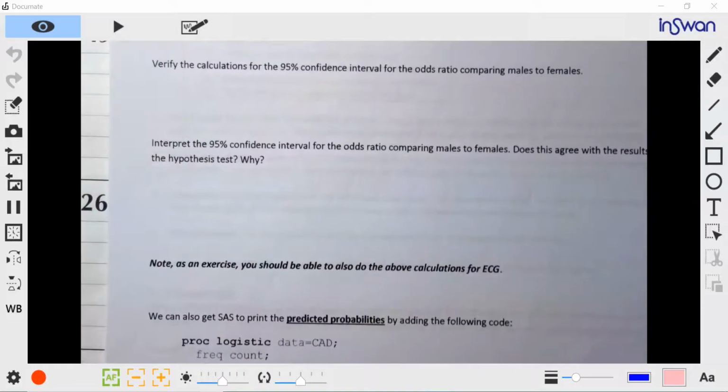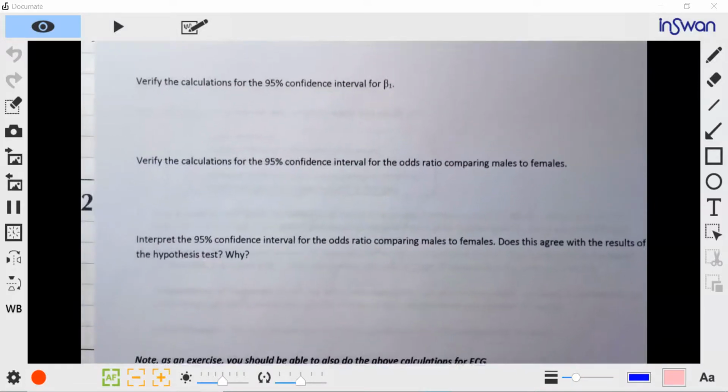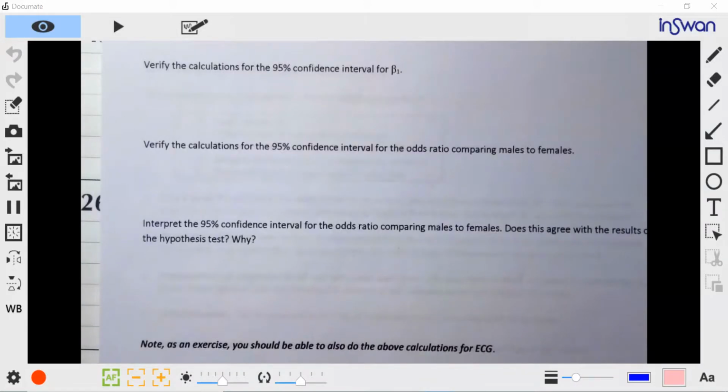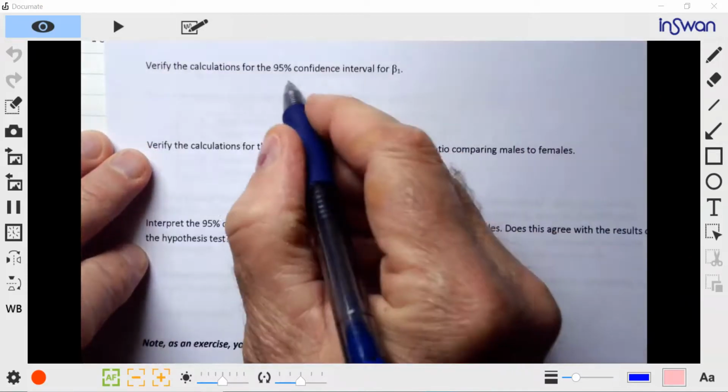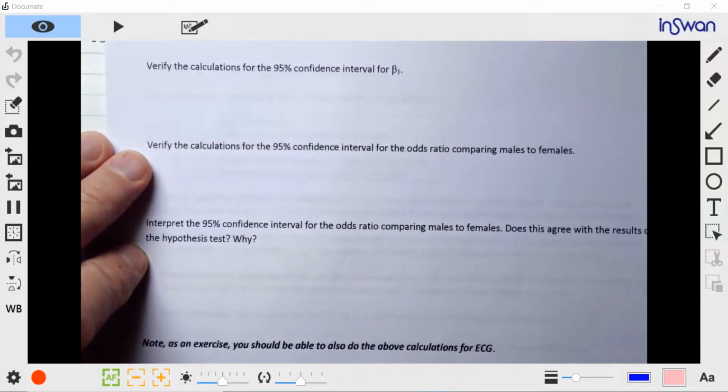Verify the calculations for the 95% confidence interval for beta 1. Well, remember that the calculation for a 95% confidence interval uses a z-score of 1.96, if you look back at my previous set of notes.